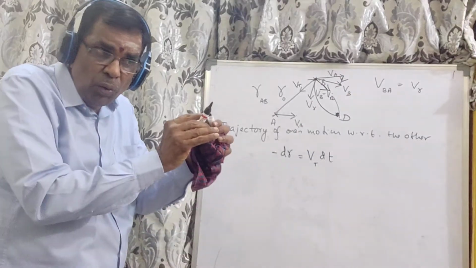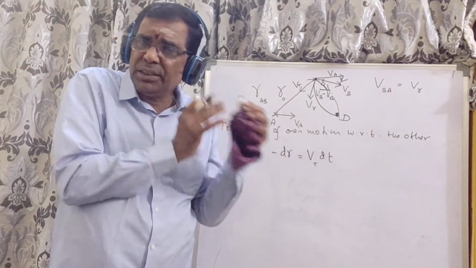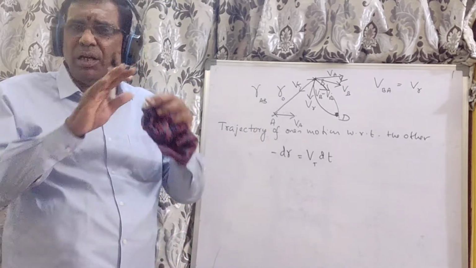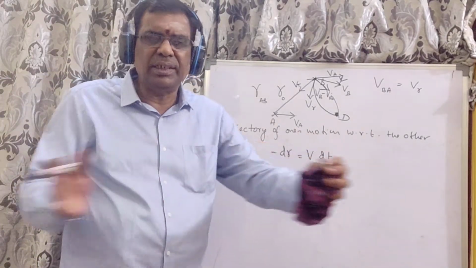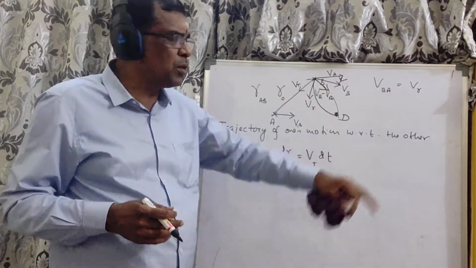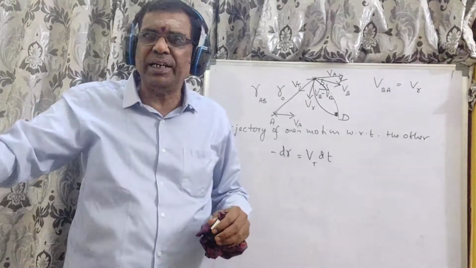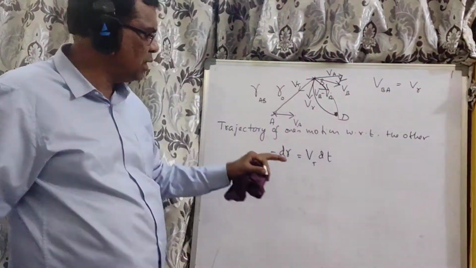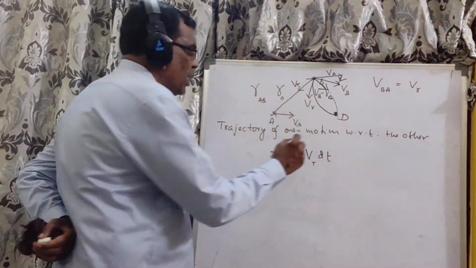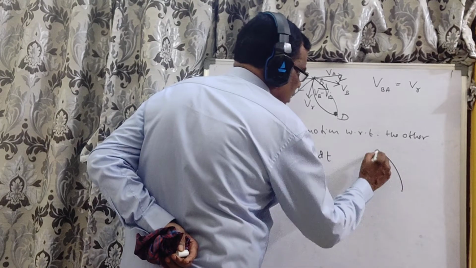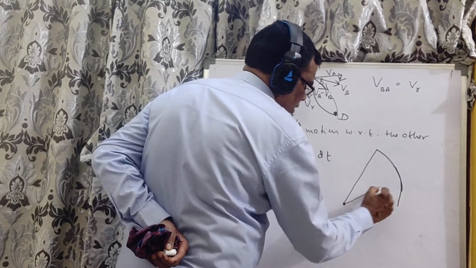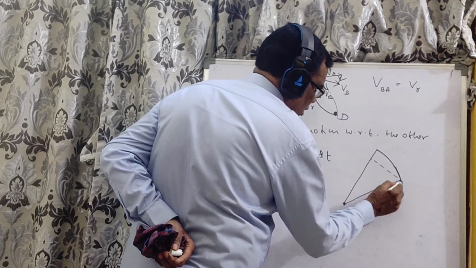So what does this particular component do? The perpendicular component will not contribute to the distance changing. The tangential component will not contribute to curvature. So the tangential component is responsible for reducing the distance. And now, if I take, say this is your position, after some time this is your position.